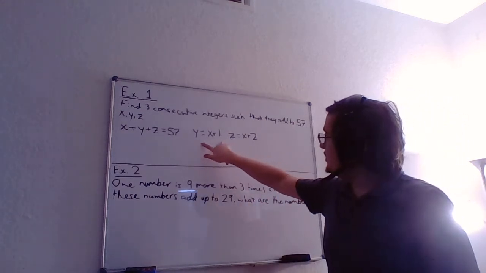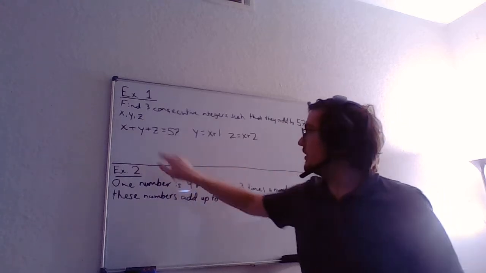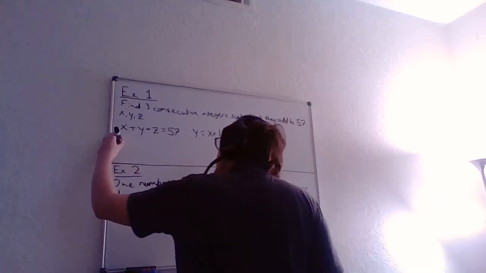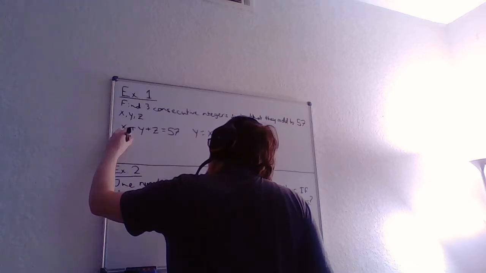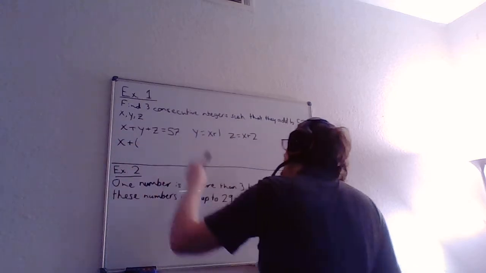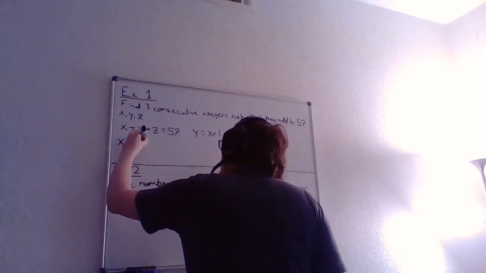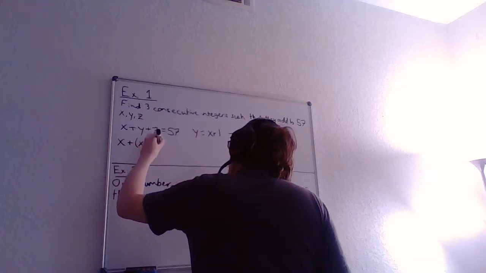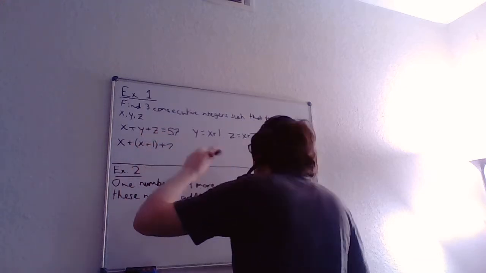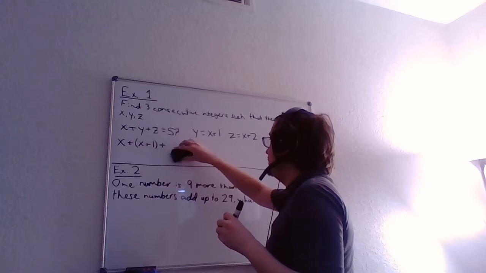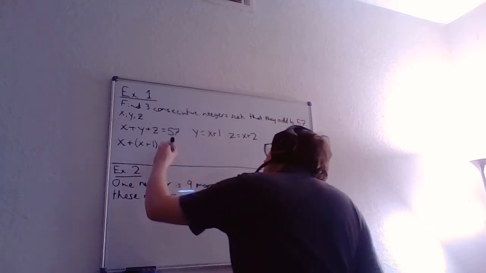So if we take these two equations and we plug them in here, we'll have x here, then we'll have plus, but instead of y, we have x plus 1. Then, instead of z, my bad, we're going to have x plus 2.